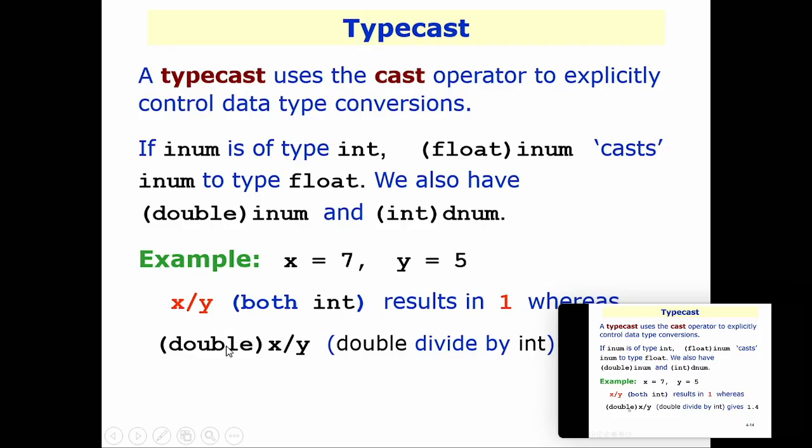So it is equivalent to 7.0 divided by 5. So now, you can have a floating point number as a result. Then the outcome is 1.4 because of this typecasting.